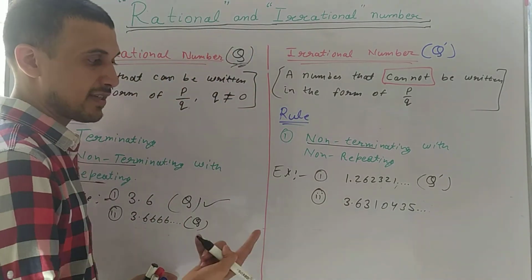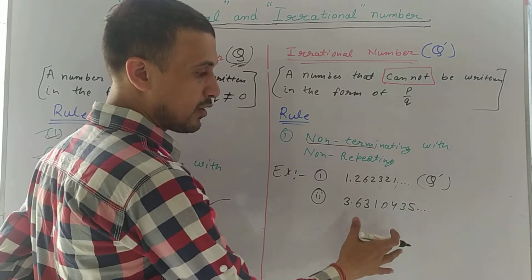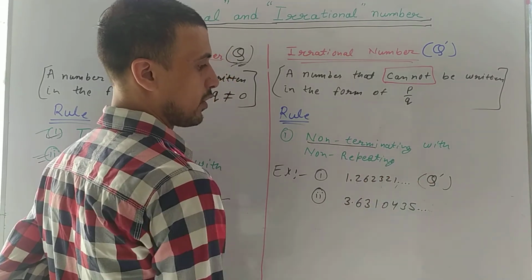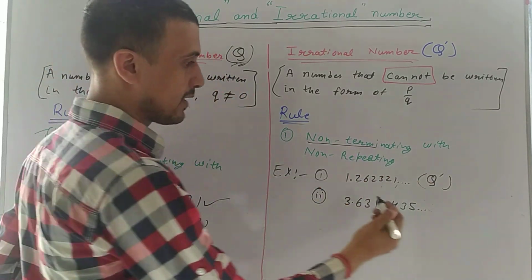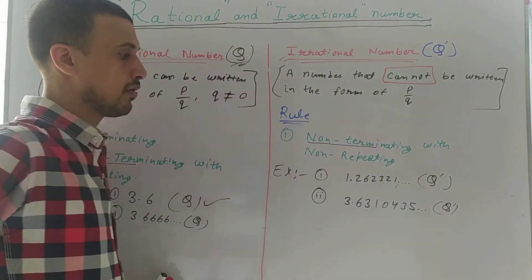In this case you can see after the decimal 631043 there is no perfect pattern, and there is dot dot dot. It means non-terminating. So we can say that this is also an irrational number. Clear?